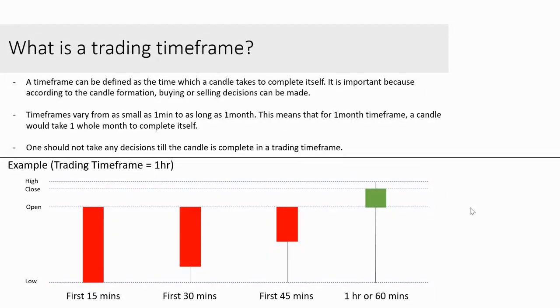Now, time frame can be as small as 1 minute and as long as 1 month. This means that 1 minute time frame candle will finish itself every minute. So every minute you will have a new candle on the chart. Similarly, a 1 month time frame candle will finish itself in a complete month.